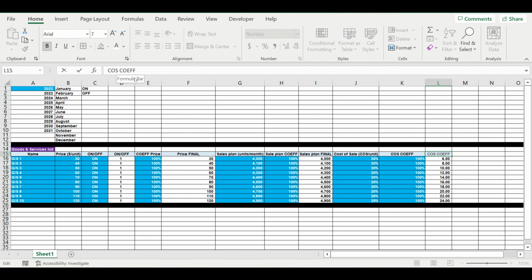Cost of sale final, dollar final, dollar per unit.